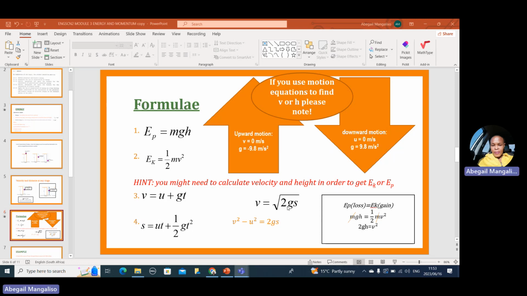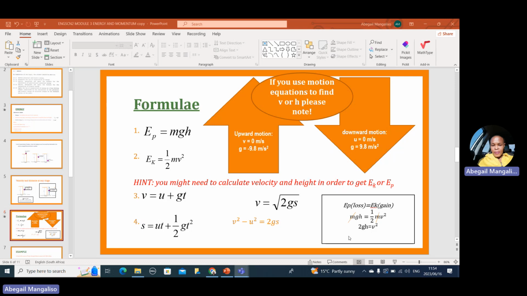Now, this formula of calculating velocity at any stage comes from equating potential and kinetic energy. Loss in potential is a gain in kinetic, and vice versa. So the potential energy equation mgh will be equal to half mv squared, which is the formula of kinetic energy. If you divide throughout by m, it cancels out, and cross multiplying, this will be 2gh equals v squared.